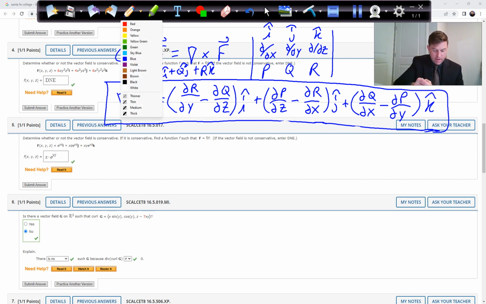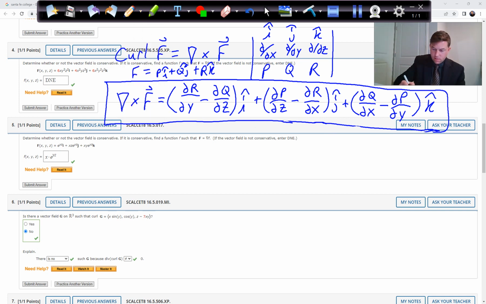So to find that, we're going to take the divergence of the curl of G. And if that equals 0, then we can say, yes, there is a G such that the curl would equal that vector they gave us.